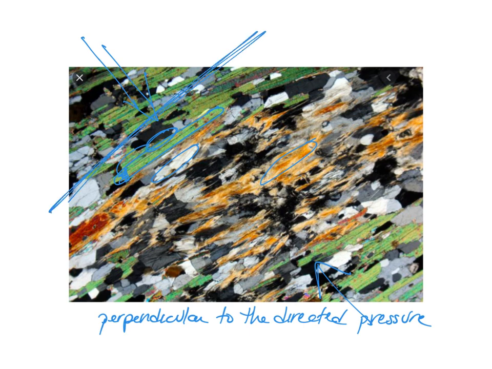So the higher pressure, those atoms are moving away, and they make the crystal shape become perpendicular to the directed pressure. So perpendicular again means 90 degrees. So we have this pressure here, and this is the direction of the texture, and we have a 90-degree angle here between those two things.